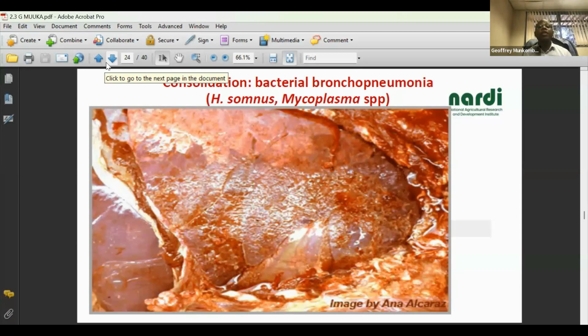They might raise a false alarm sometimes and declare an outbreak of a reportable disease like CBPP, when it is such pathogens that can cause such a pathological lesion. So as professionals, we really need to examine these and rule out CBPP so that we are at peace. Next slide, please.